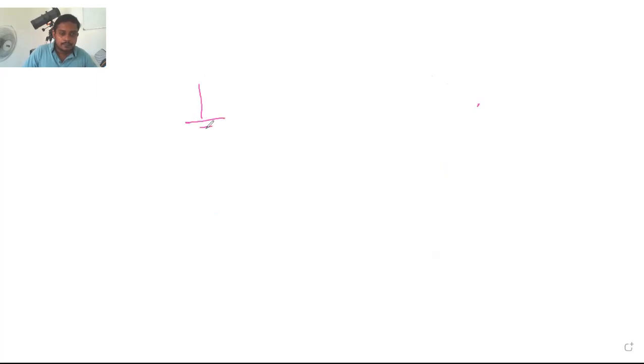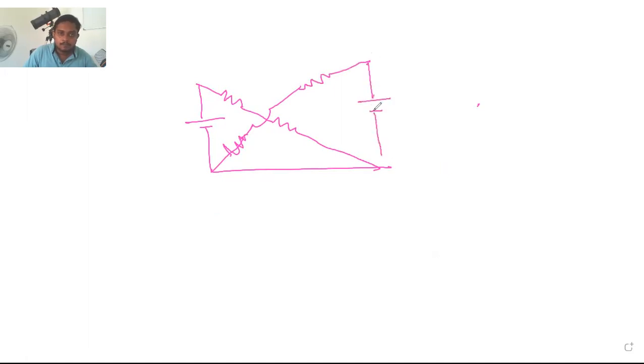Draw the resistor diagram in your book or papers that you have. Please try to do this one.